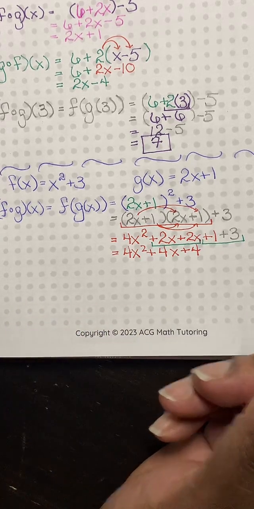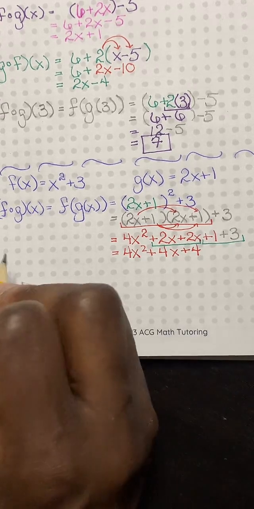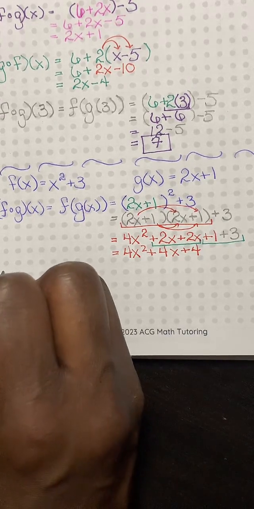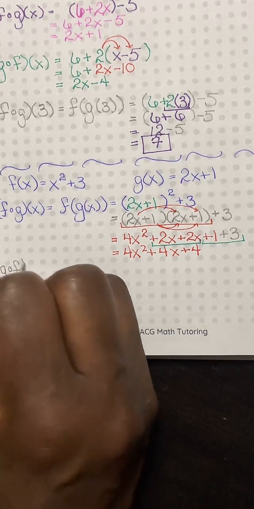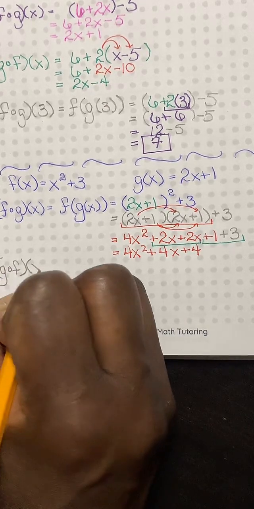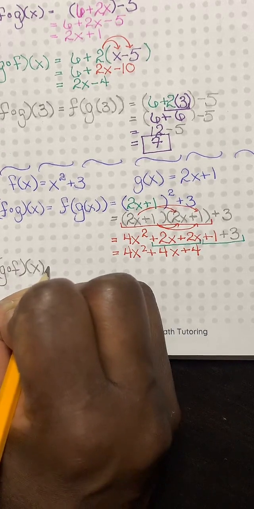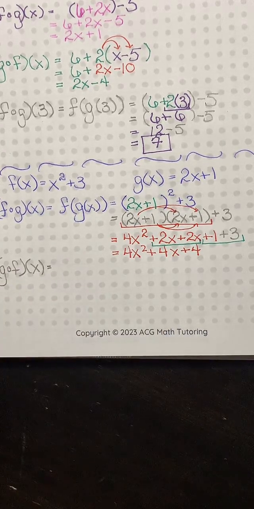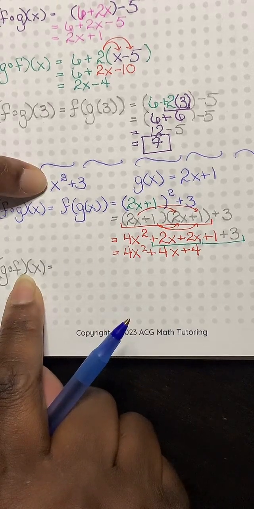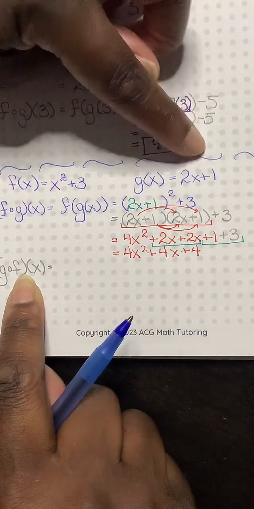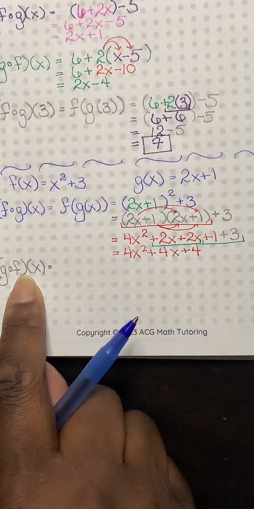All right. So let's go the other direction. So we did f of g. Let's go ahead and do g of f. All right. So this time, my f function, which is that x squared plus 3, that's going into the g function.